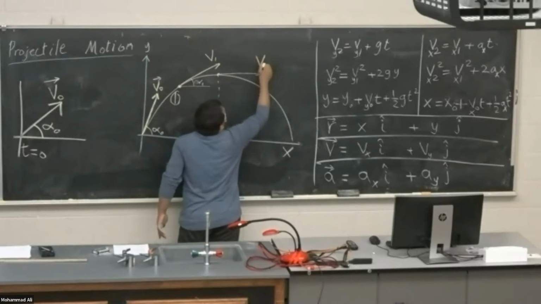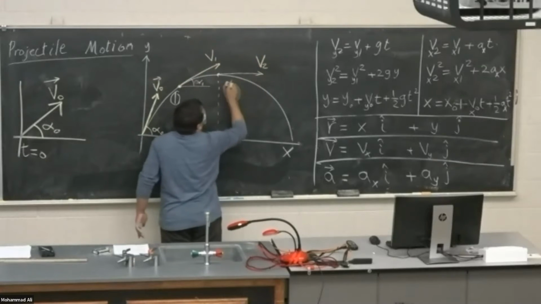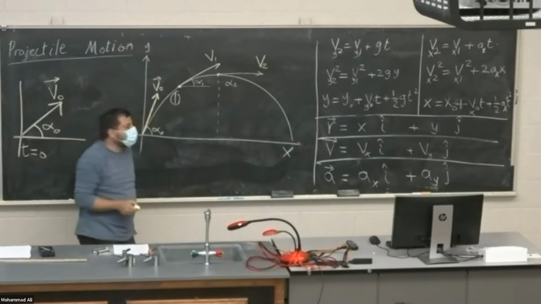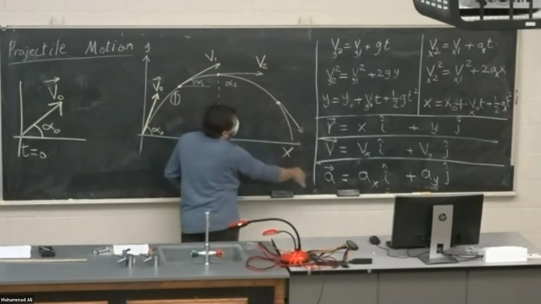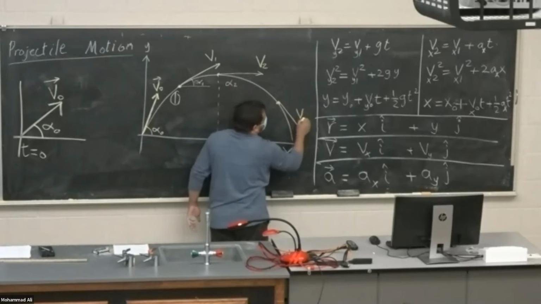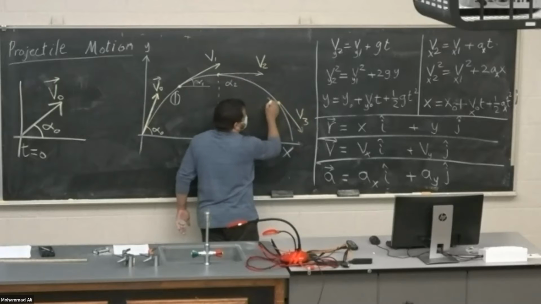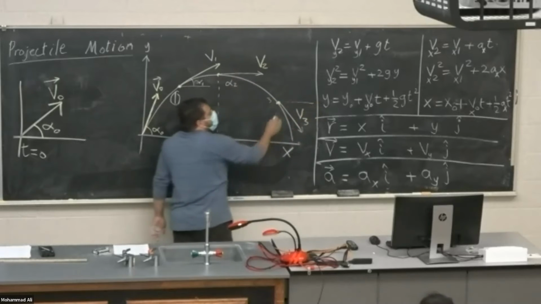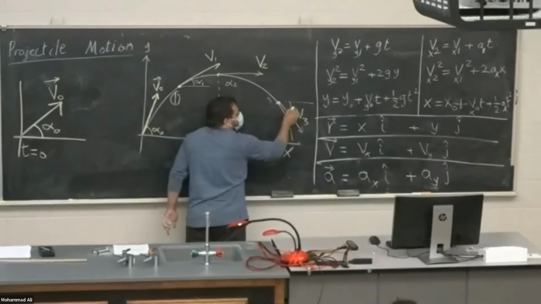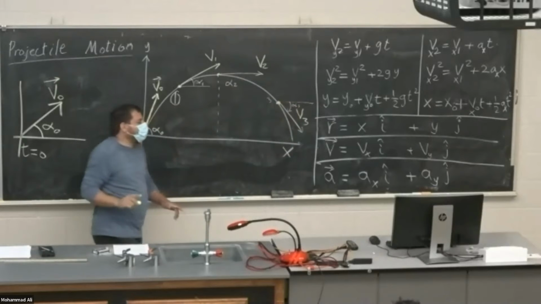I can name it v2, and I have also alpha 2. What if I am here? I have this velocity, which is in the tangential direction. This is v3, for example, and this is the angle alpha 3.